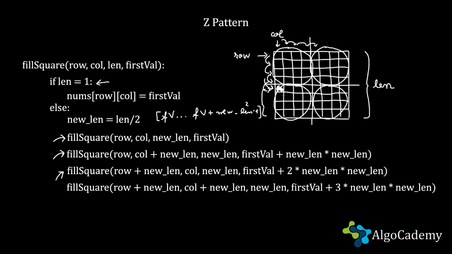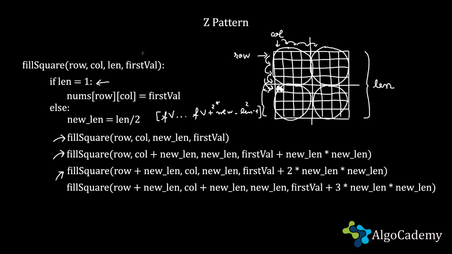So the first value that's going to appear in the third quadrant is of course this one plus 1. So first val, oh, sorry, this is 2 crossed new len squared. Okay, yeah. So the first value that's going to appear in this third quadrant is obviously first val plus 2 crossed new len squared.